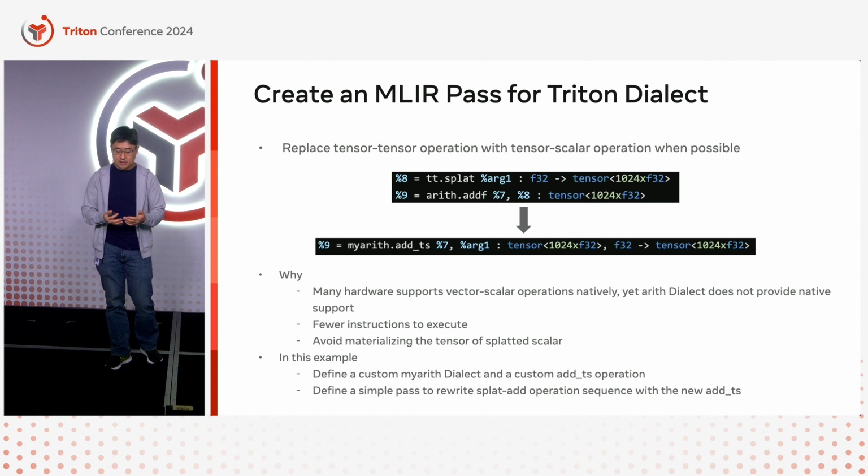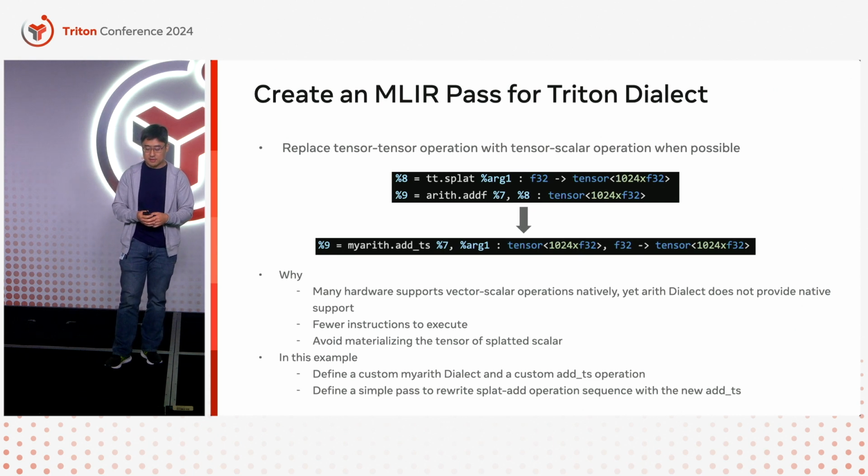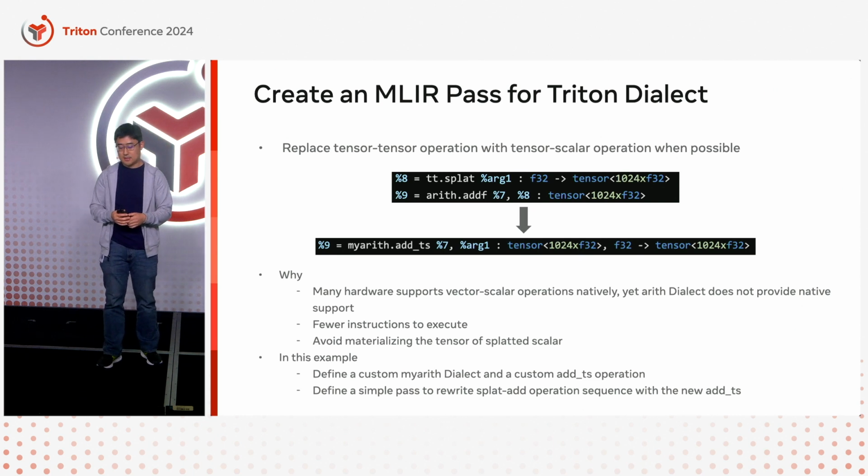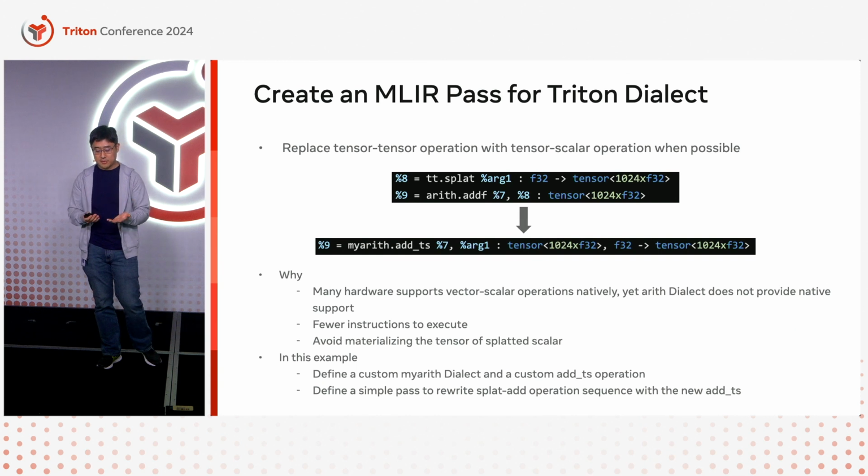So why might we want to perform such a transformation? Many hardware platforms actually natively support vector scalar operations, but at least at the arith dialect level, there's no built-in or native support for this. By performing such an optimization, we'll have fewer instructions to run, which is in general a good thing.